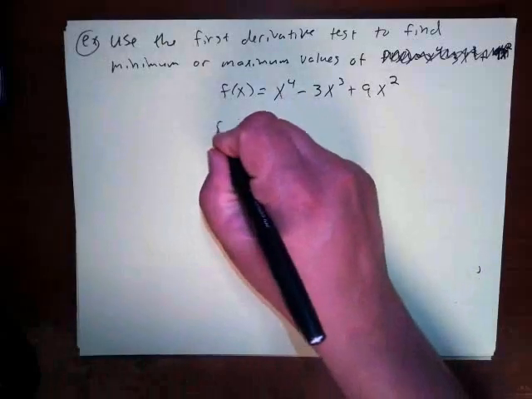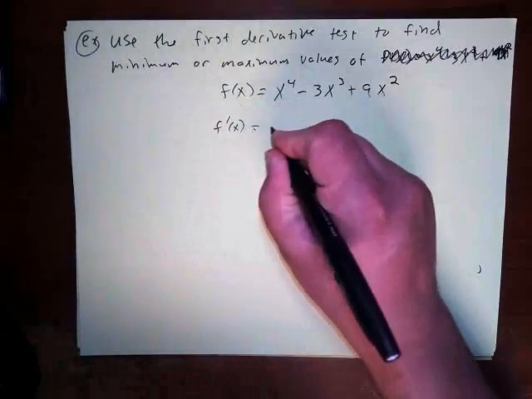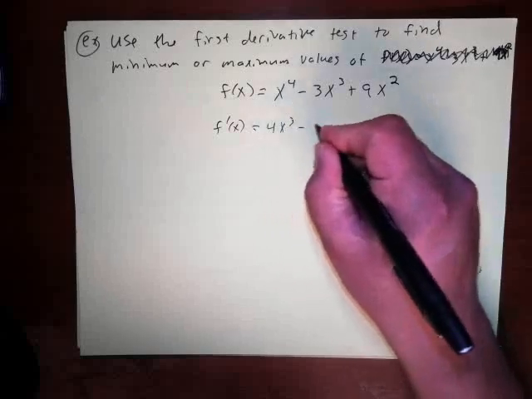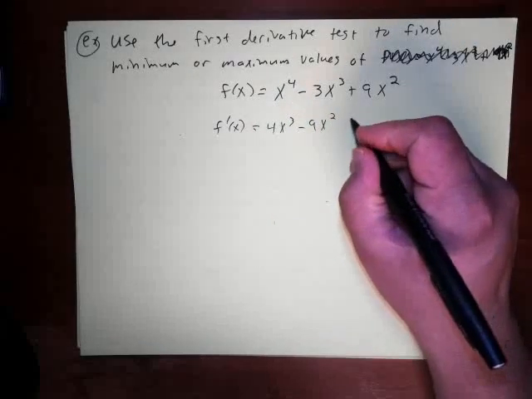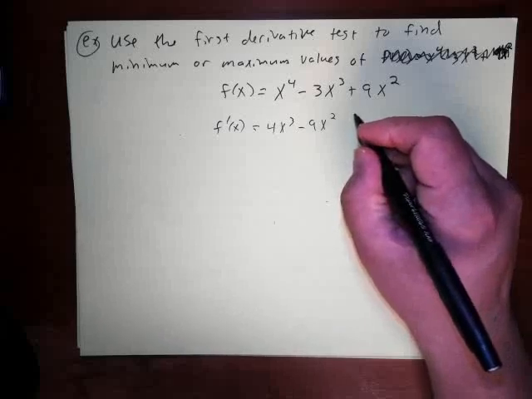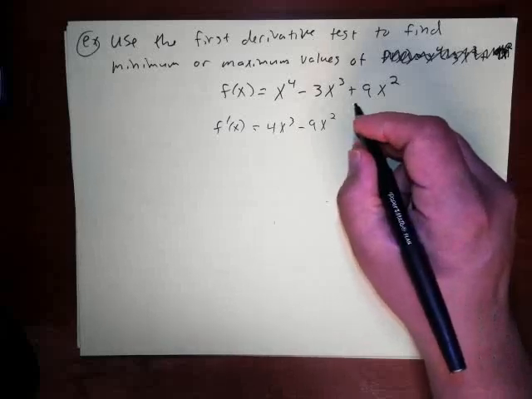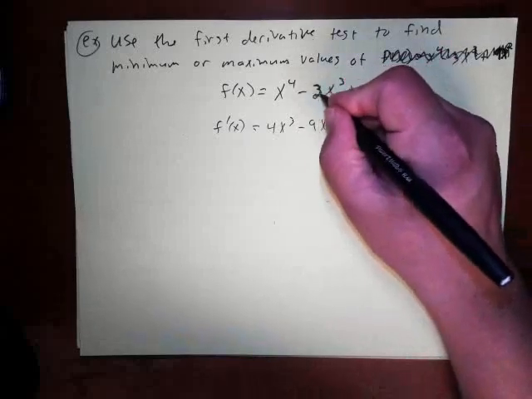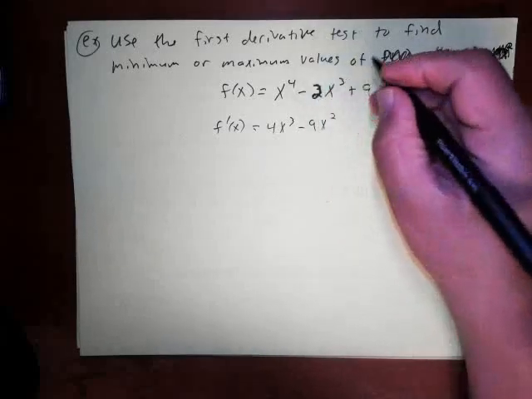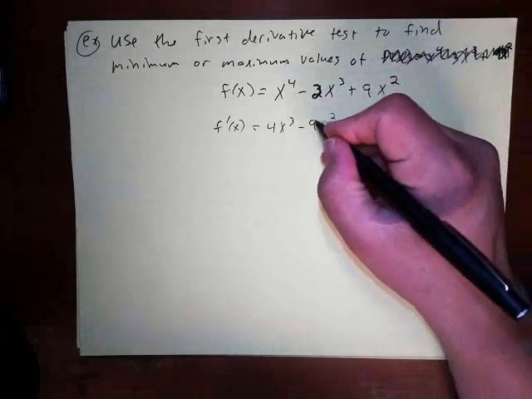So I'm going to take the derivative. I'm going to get 4x cubed minus 9x squared. Oops, I'm sorry, I think this should have been a 2. I'm pretty sure that should have been a 2.